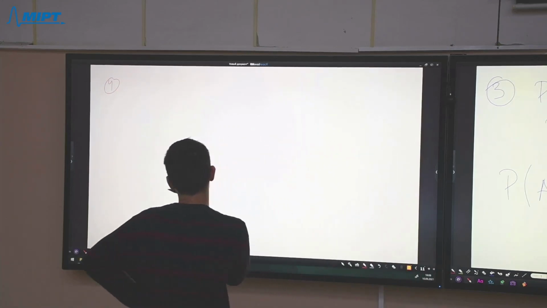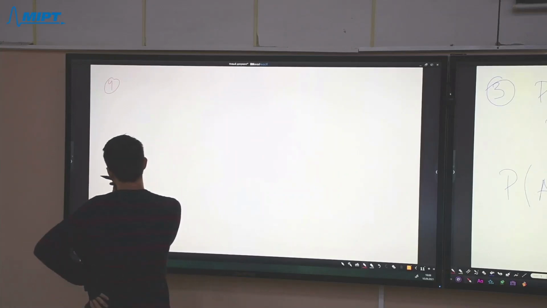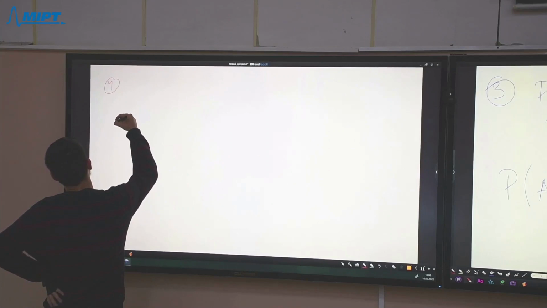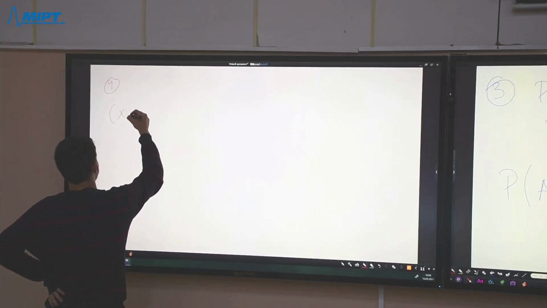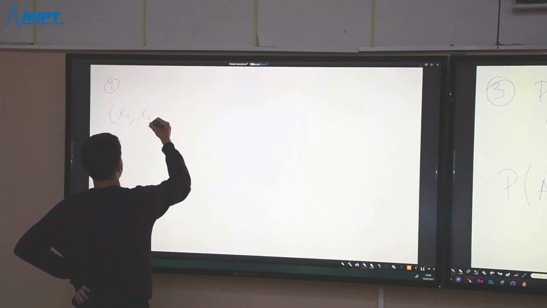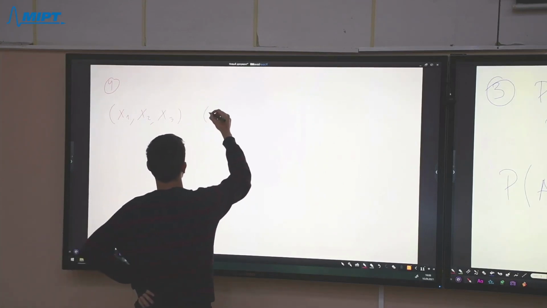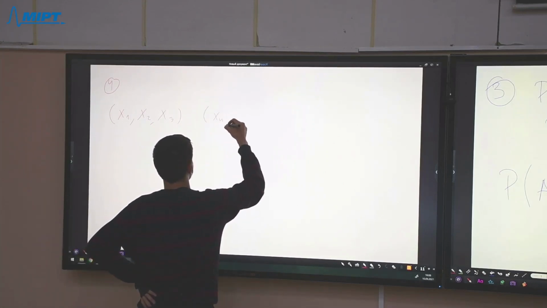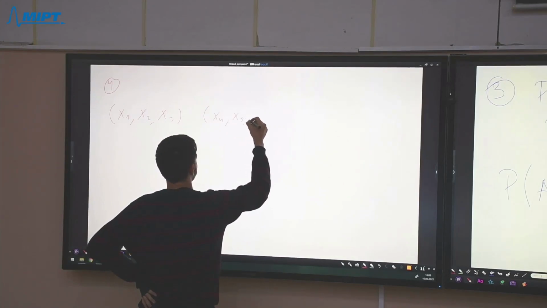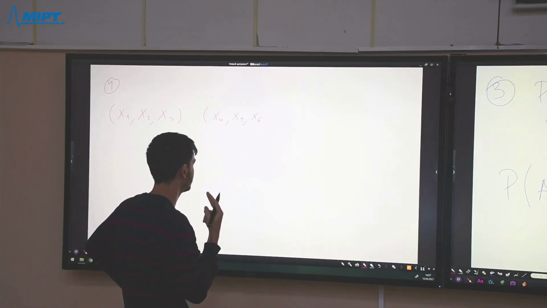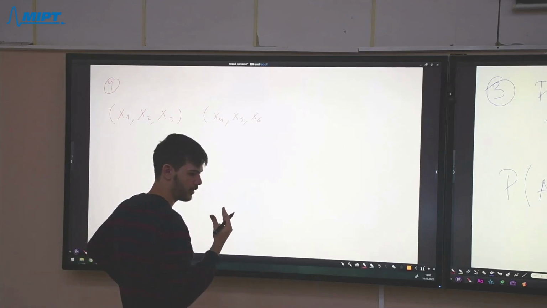Find the probability that 6 was rolled by player A and not by B. The first player rolls 3 dice? 3 dice. And the other? 2.